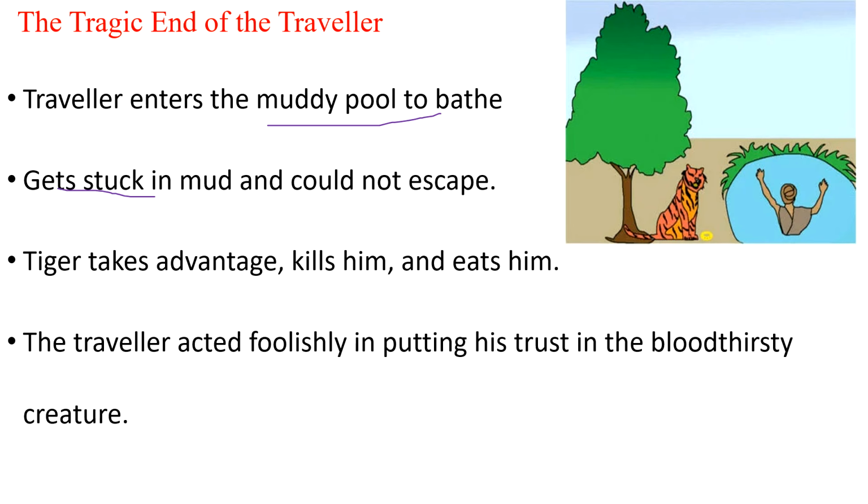The tiger now takes advantage, goes near him, kills him and eats him. Then the traveler realizes too late. It was too late, and here we can see the traveler acted foolishly in putting his trust in a bloodthirsty creature. He blindly believed a bloodthirsty beast.